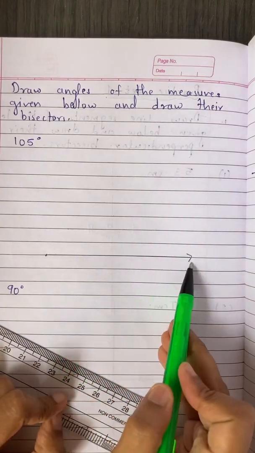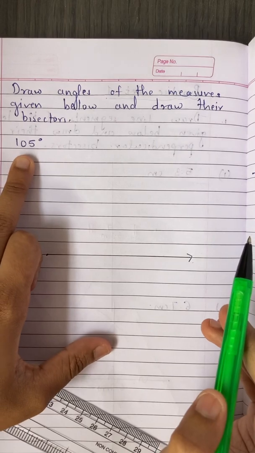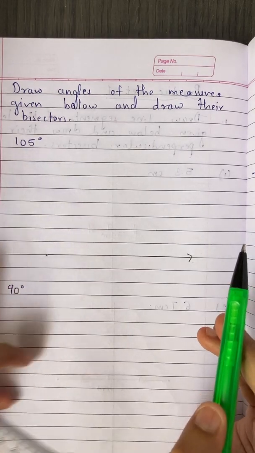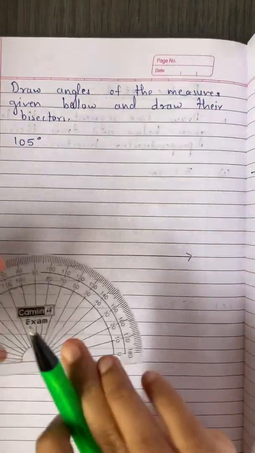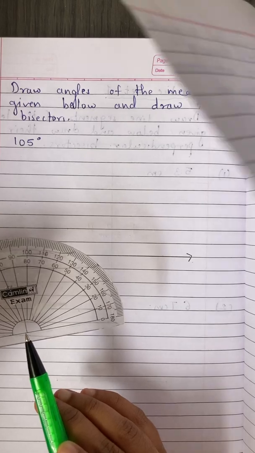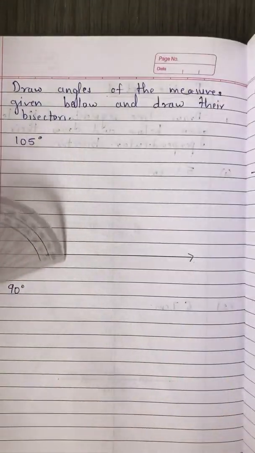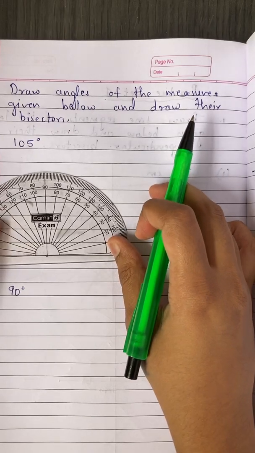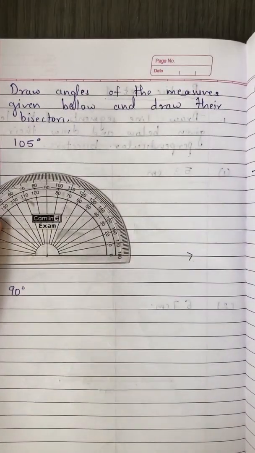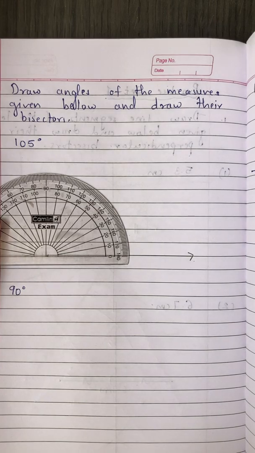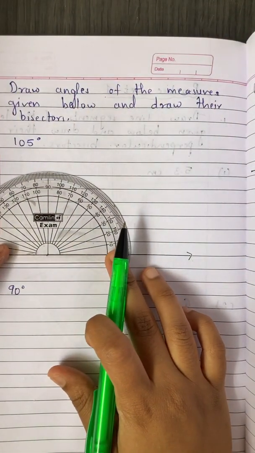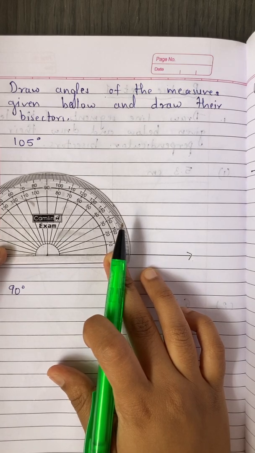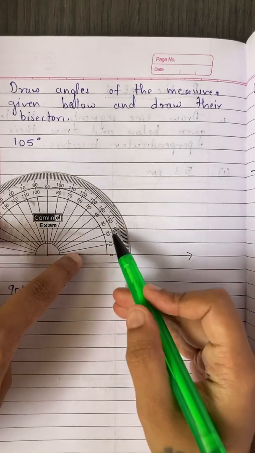So now after drawing the base, we have to take the measurement of an angle as 105 degrees. So you have to keep the center of the protractor at this point, end point of the ray. And then the remaining line should be at the base. Okay, so from 0 you have to start counting.